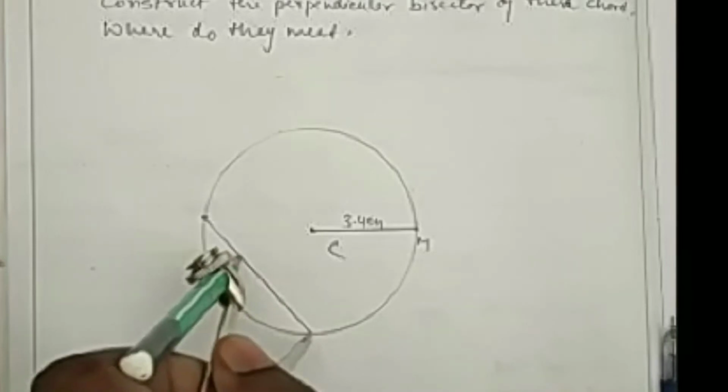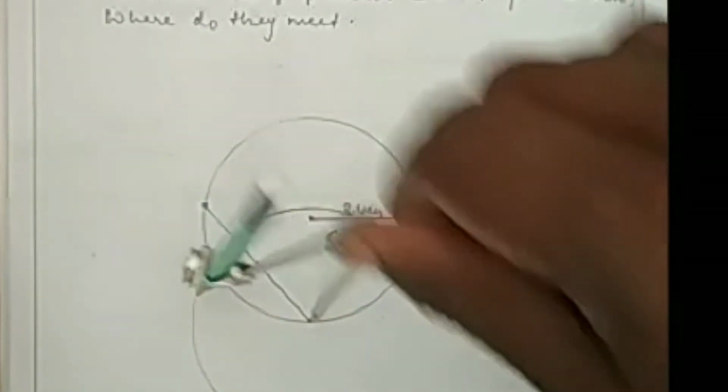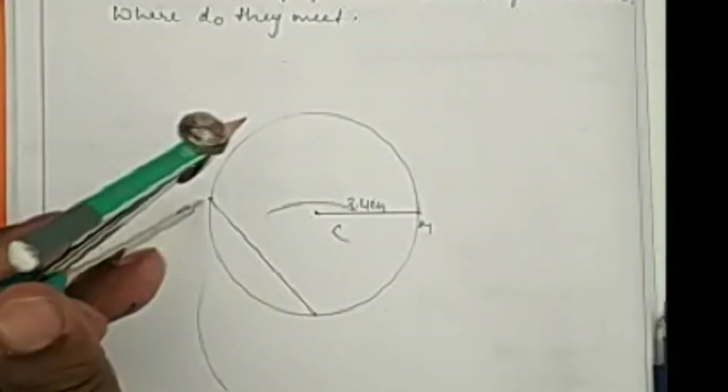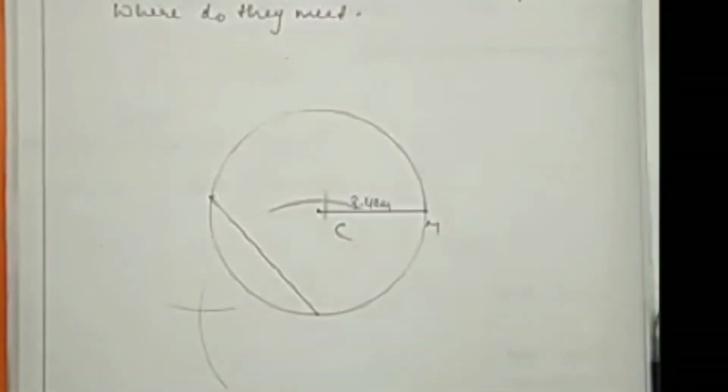Now open the compass more than half. Make an arc upside and one downside. Now on the other end, upside and here downside. Okay.